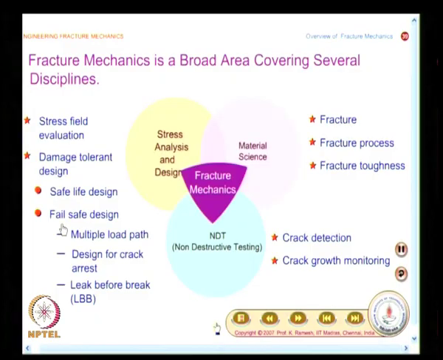Another way of looking at it is when you are having difficult installations like nuclear power, where any accident can lead to catastrophe, you would like to invoke what is known as fail safe design. One is a multiple load path. You do not want to have a structure fail if one member fails.